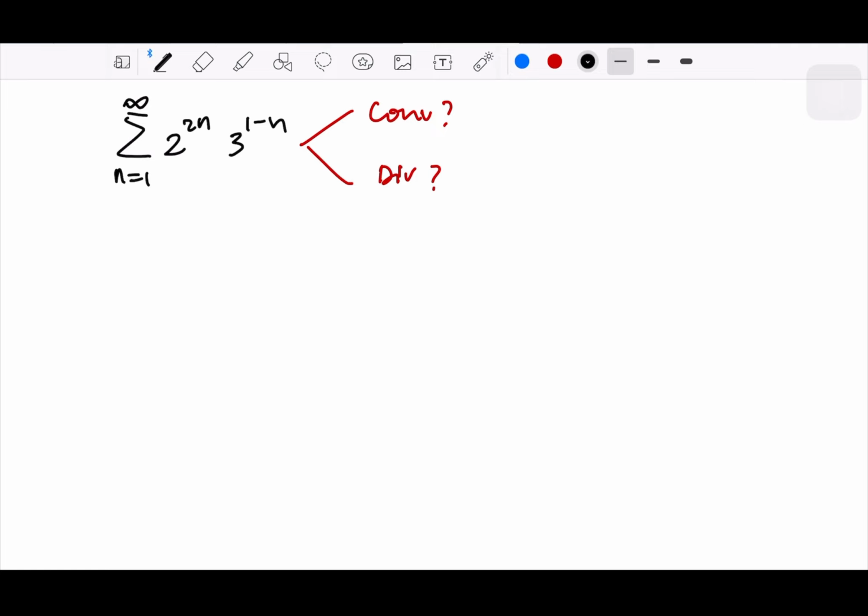Because we are now discussing the geometric series, the idea is how we can take this form and turn it into the geometric form AR to the power of n. So let's try to make up those formulations.